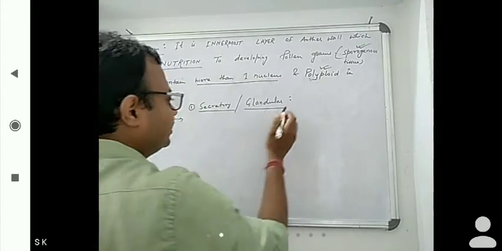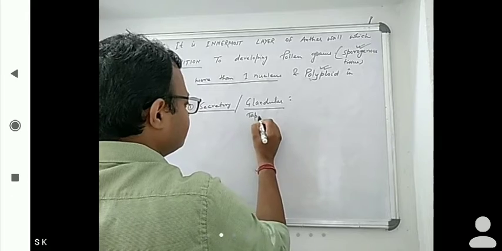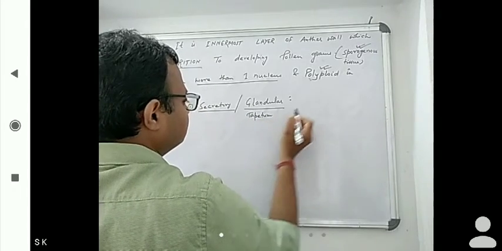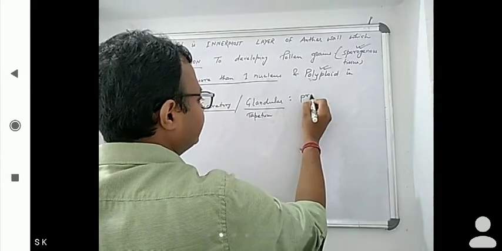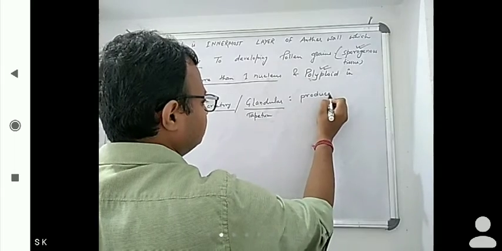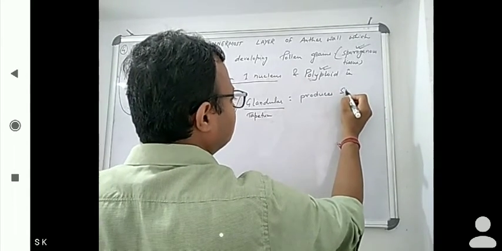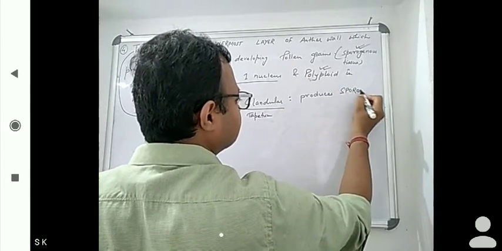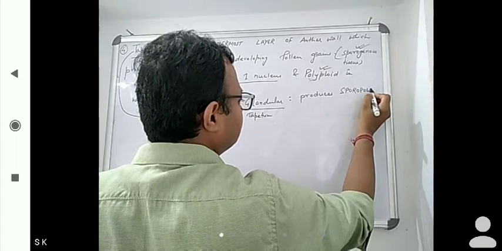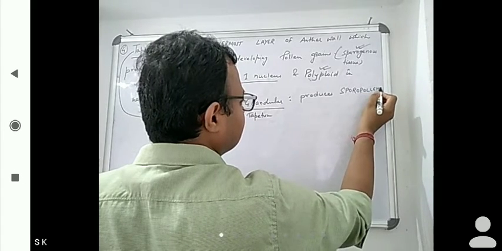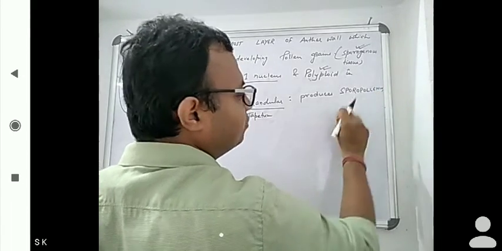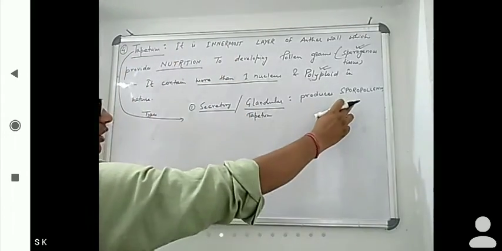So secretory tapetum produces sporopollenin, the world's most resistant organic material.